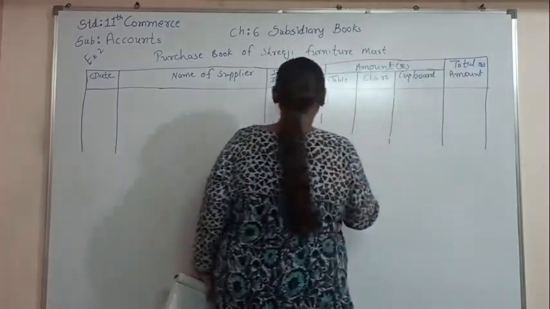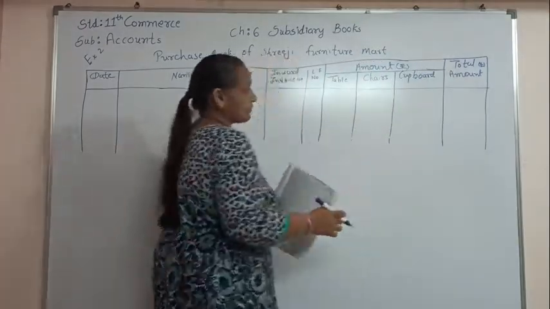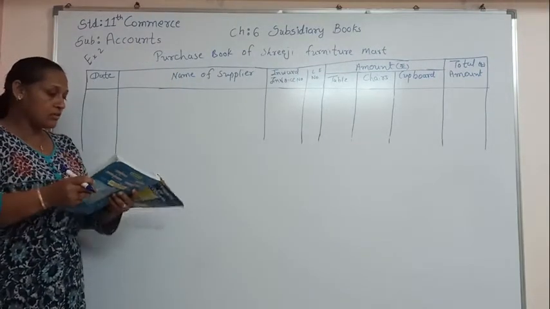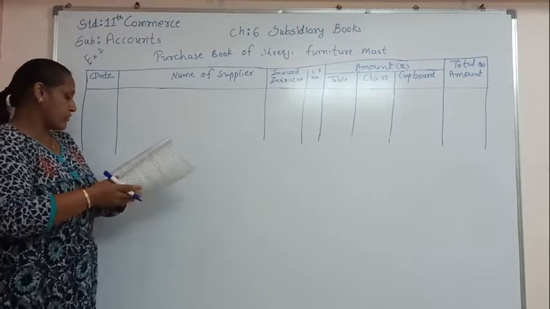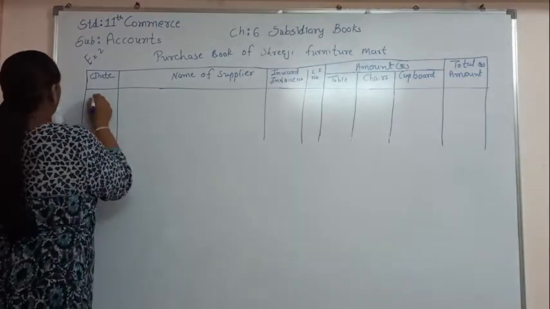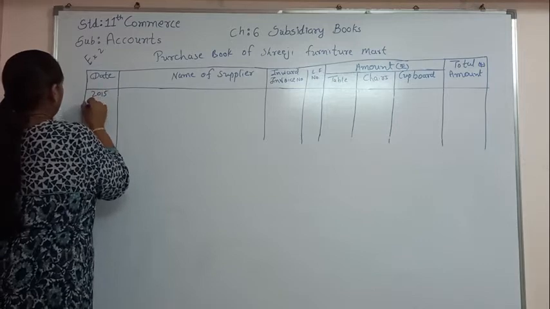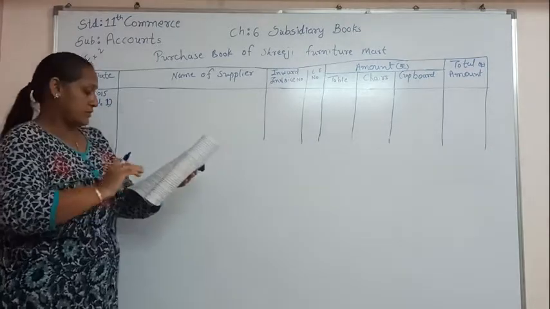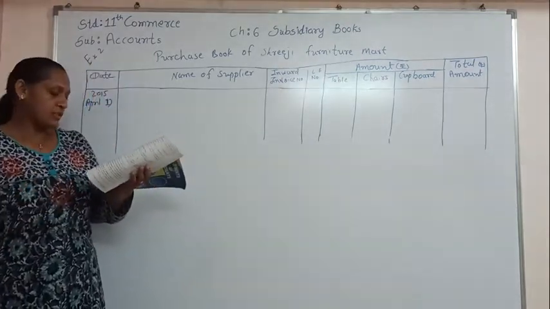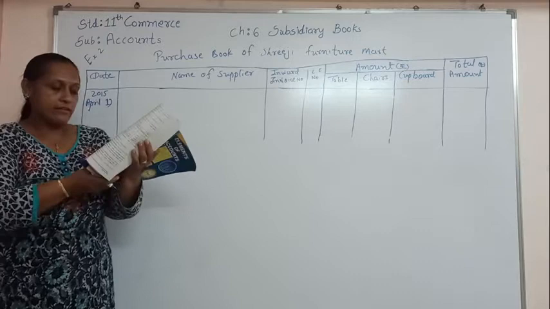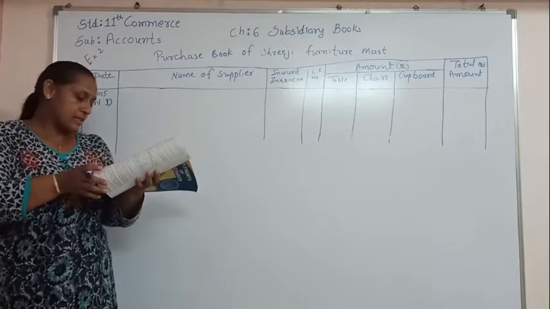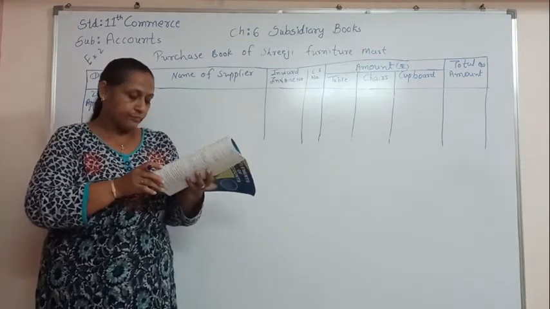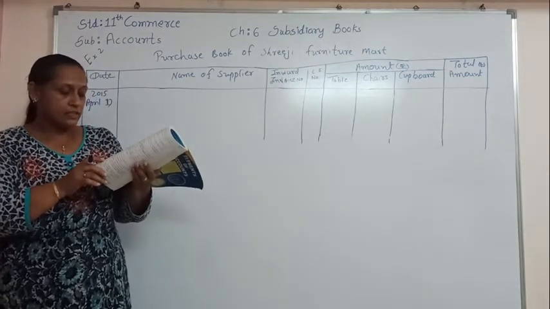Let's start the sum. So here the very first transaction given to us is on 2015 April 1st. Purchase from Sriram Furniture Mart: 10 pieces of table at 1000 per piece, 15 chairs at 600 per piece, and 5 pieces of cupboard at 3000 per piece.